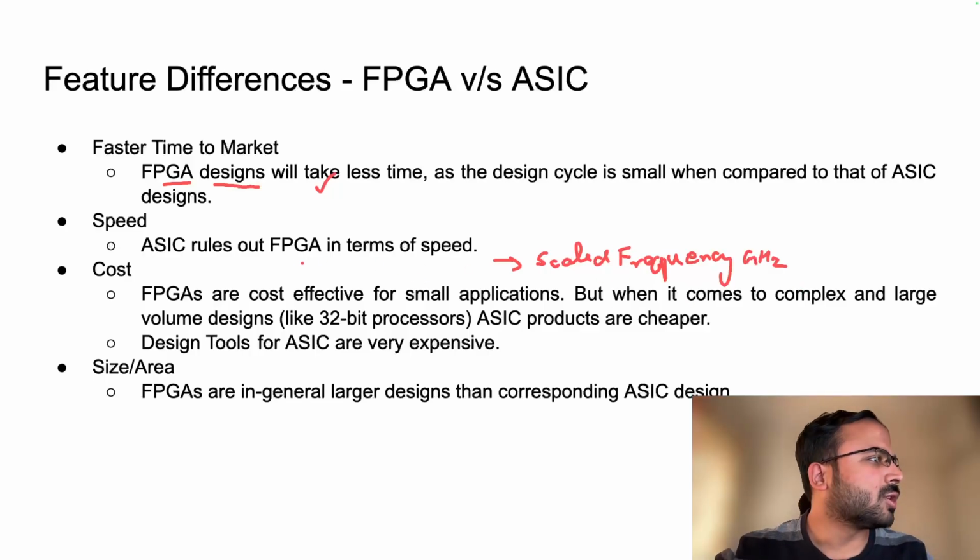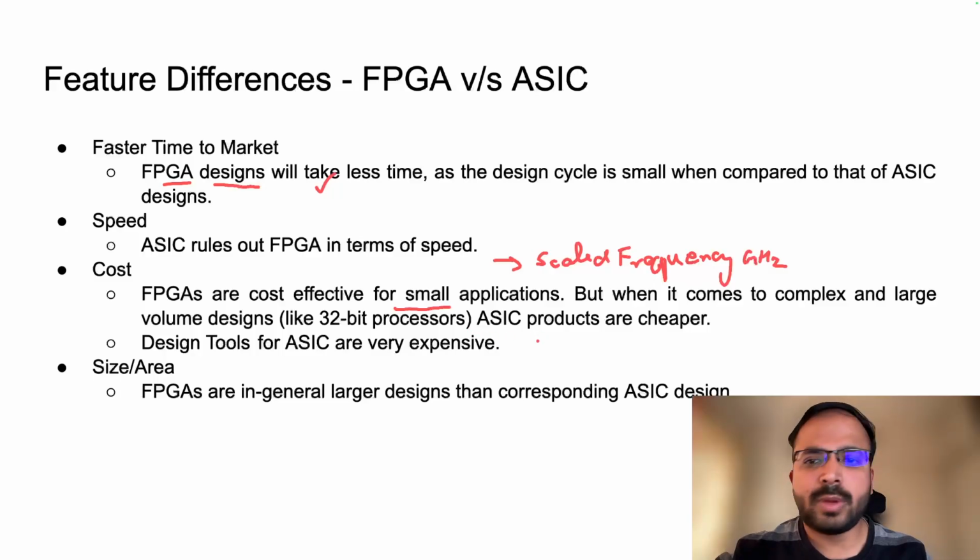Then of course cost. When you produce in large numbers, ASICs are of course lesser cost, but for small applications, FPGAs come out to be more cost effective, right? But as I said, ASIC products are cheaper when you make complex designs and a larger number of products you have to ship.